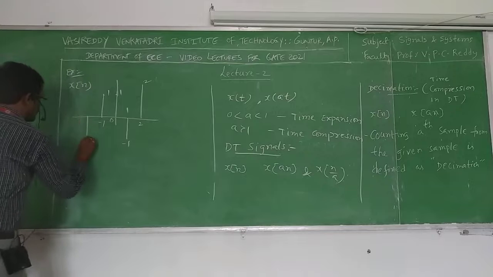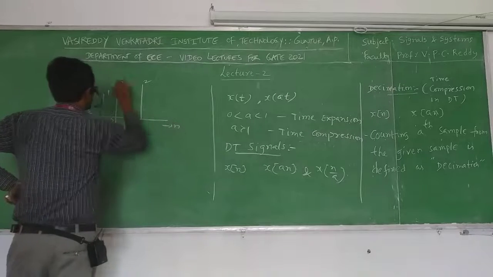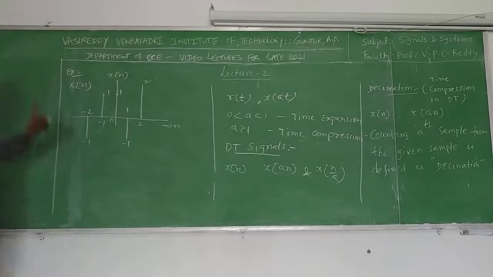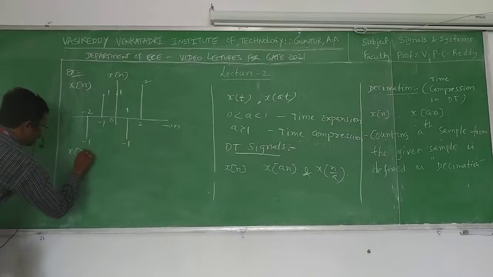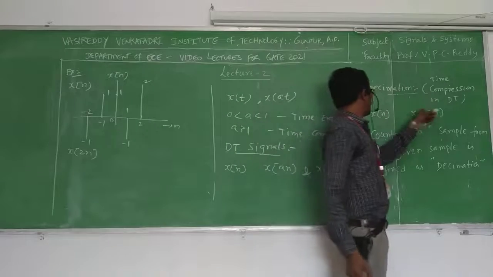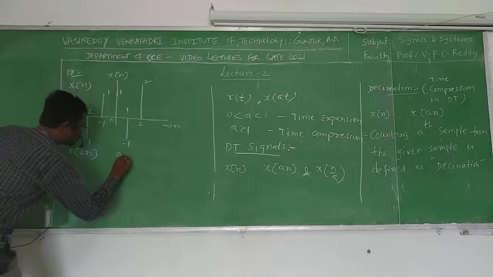At -2, the magnitude is -1. So this is the given signal example. Now for the given signal, I am asking for x of 2n. By looking at this, what is the value of a? A is equal to 2.